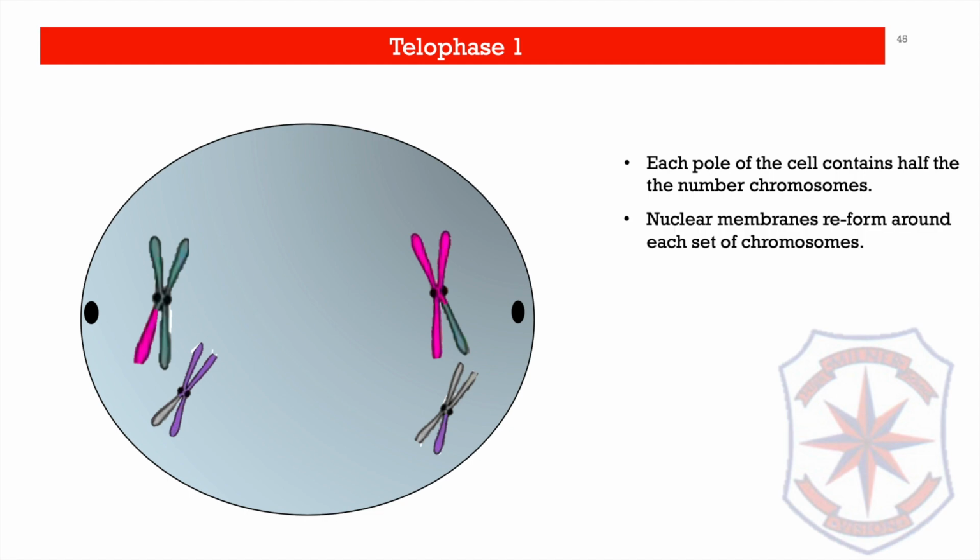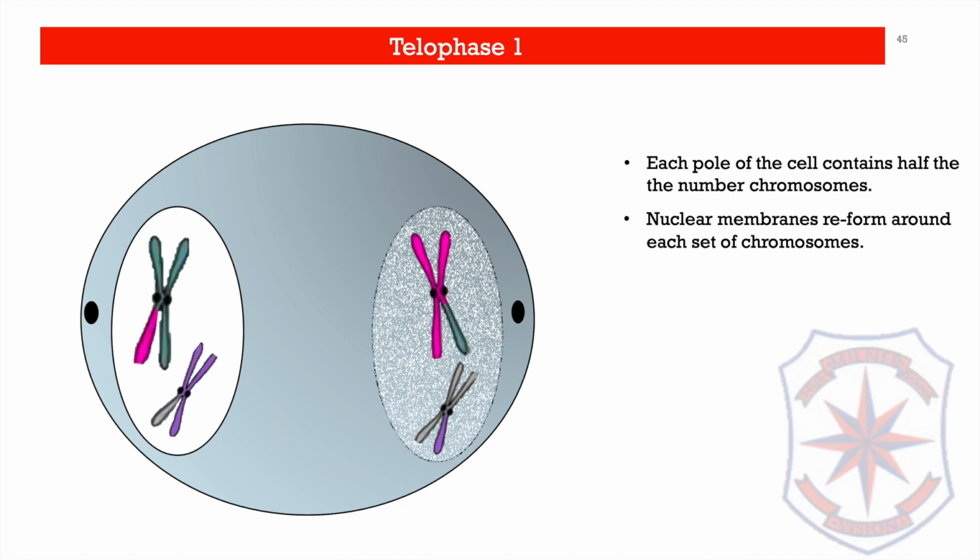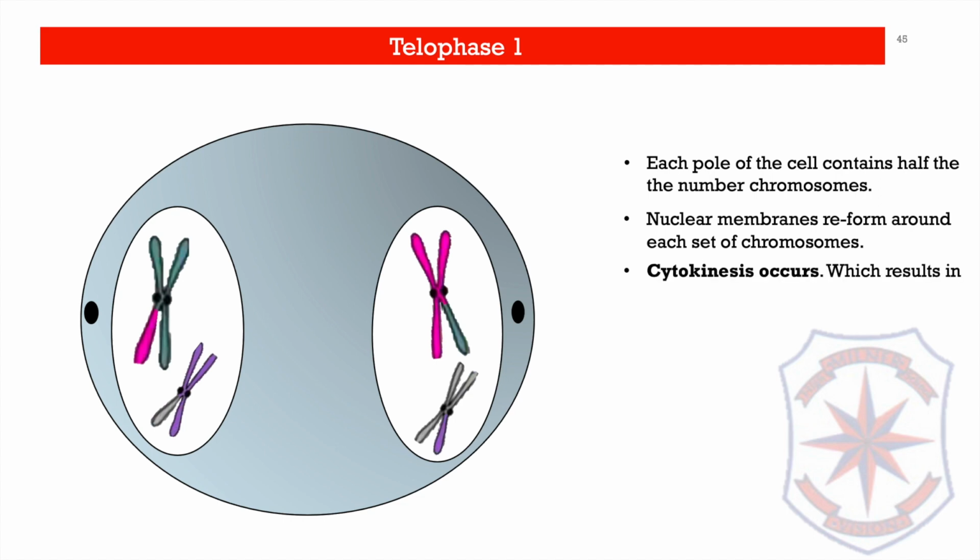Nuclear membranes will reform around each set of chromosomes. Let's see if that happens. There's the nuclear membrane reforming on this set of chromosomes on the left pole. And we have another nuclear membrane reforming on this set of chromosomes on the right pole. And then cytokinesis will occur.